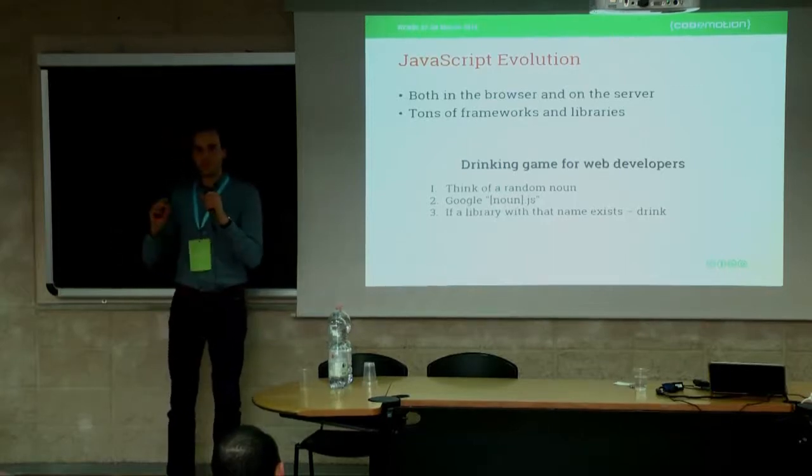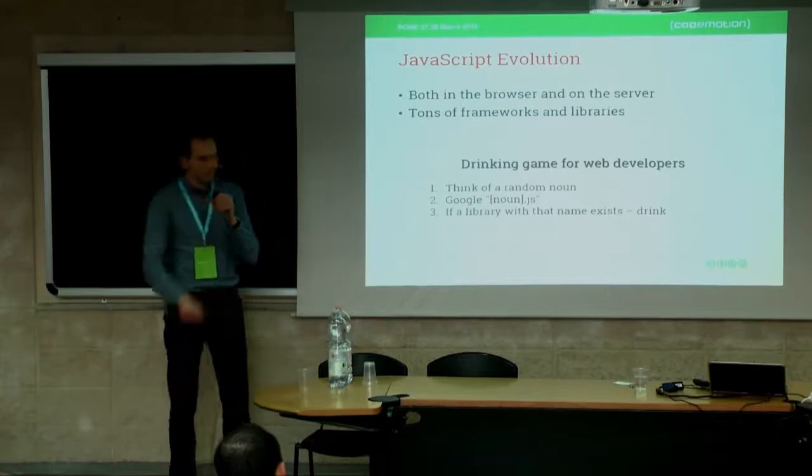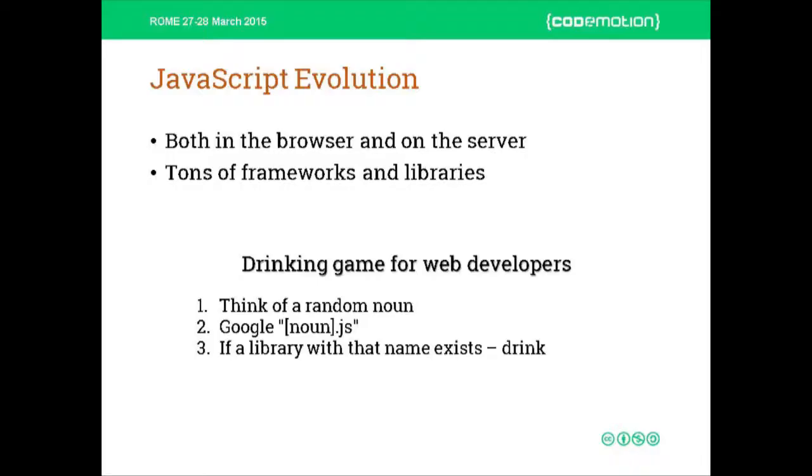The second step, you open Google, you write this noun, and then you write JS at the end. And if you find a JavaScript library or framework with this, then you have to drink. So I think we can try this tonight, and we can actually make a tournament here, the same as Code Factor and all the other tournaments. I hope it will be appreciated.